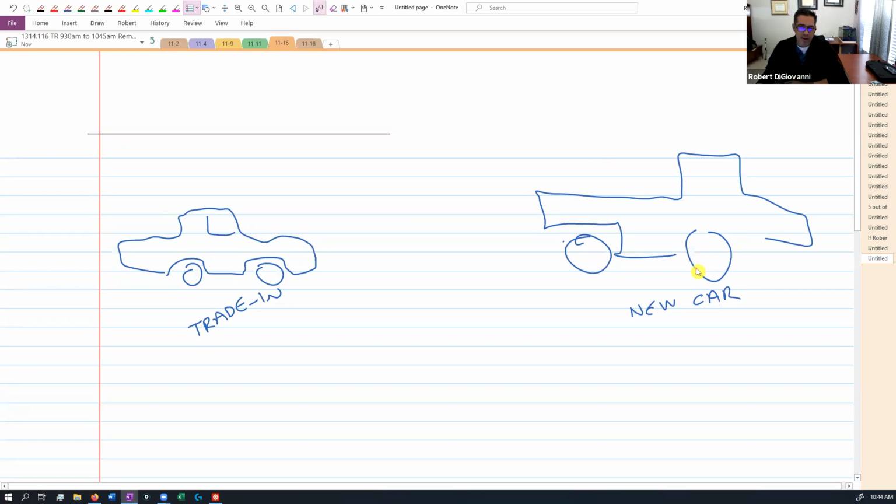Whatever the price of this new car is, let's say it's a $35,000 car, you got to pay tax on it, which can actually be a lot of tax. The way it works is that when you trade your car in, let's say they look at it and say, we'll give you $10,000 for that car.